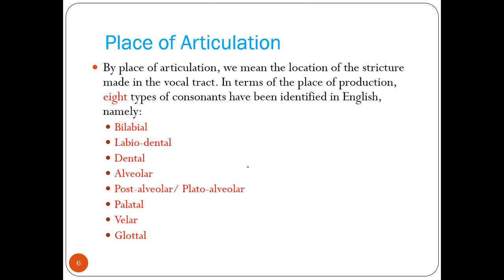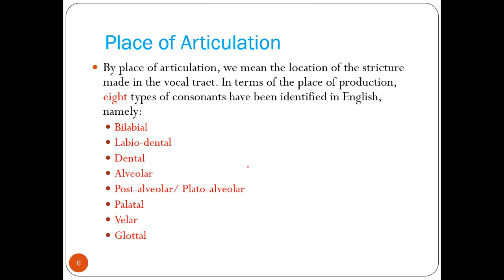In terms of the place of production, 8 different types of consonants have been identified in English. The first classification is bilabial. As the name suggests, we have got 2 lips here. And labiodental, a combination of 1 lip and the teeth, the upper teeth and lower lip. Then the third one is dental, which is related to teeth.